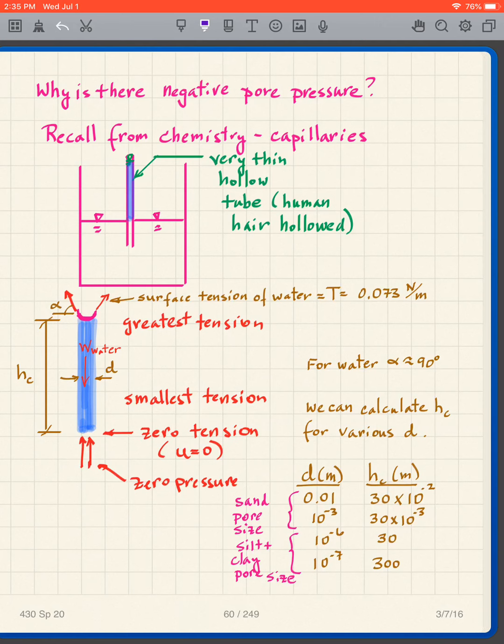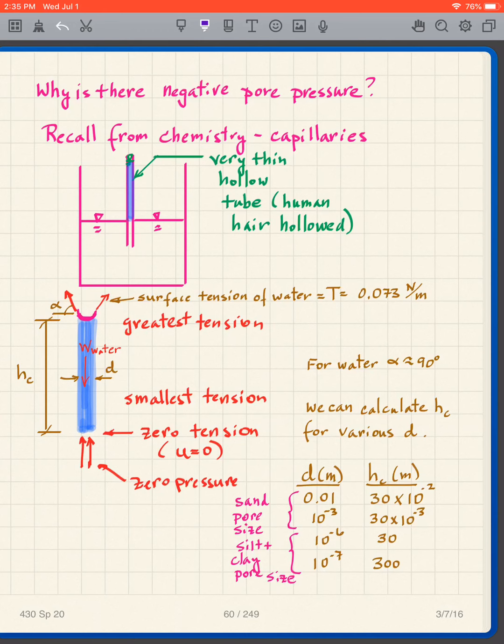And if I look at what I want to do, I want to take a free body diagram now of that water that's in that capillary tube, and I've made it bigger. So there is my free body diagram of the water in that capillary tube.